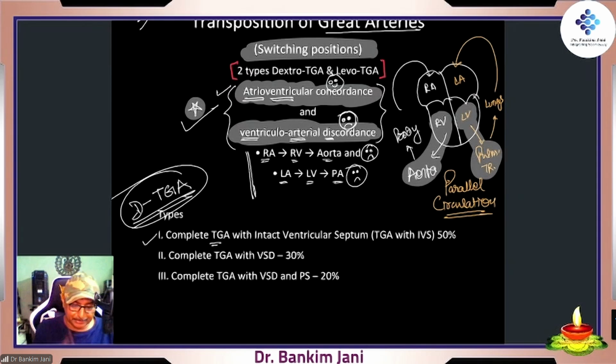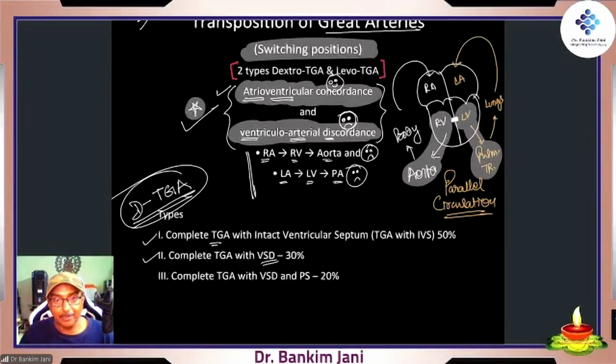Right? Second, complete TGA, but there is ventricular septal defect also. So over here, if it is ventricular septal defect, I'll show you all the cases. Right? All the cases. Just in a minute. If there is ventricular septal defect, so it is called as type 2.